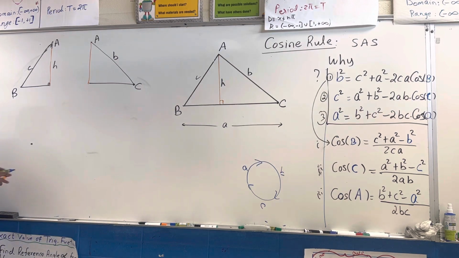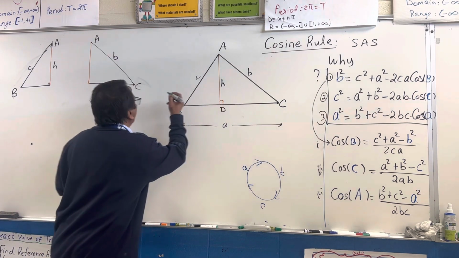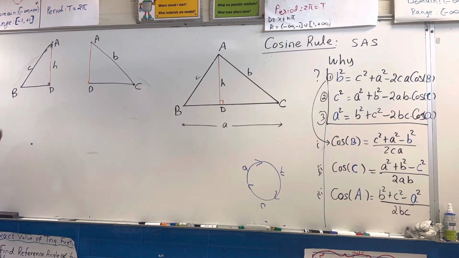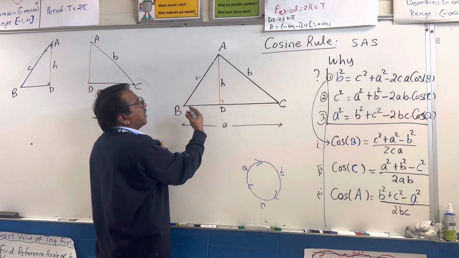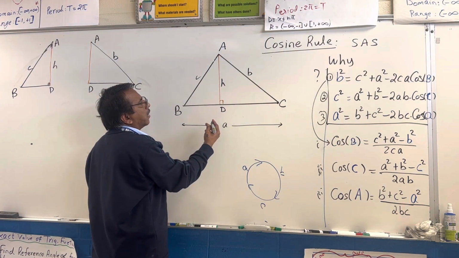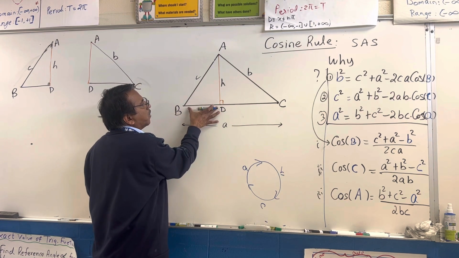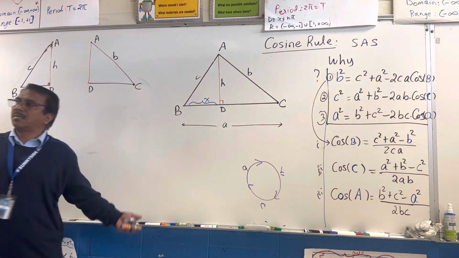You have a triangle, you drop an altitude, you can call this D. Now H is the height, and let's call BD, which we need to know in order to prove this. We don't know what this is right now, so call this X. Can you write this as X, like a variable?